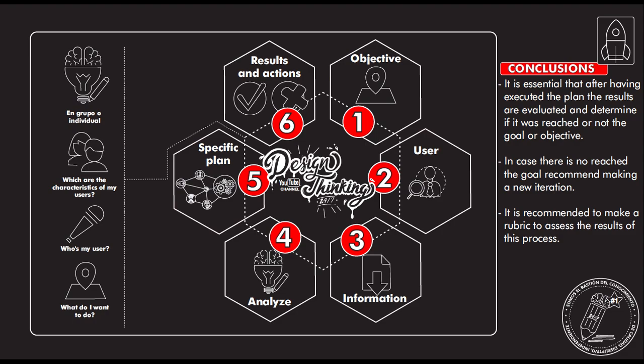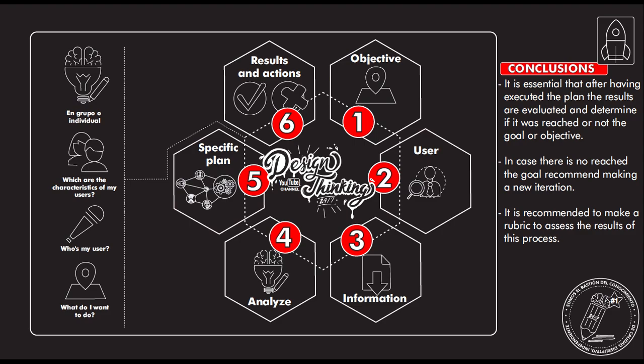As a conclusion, we can say that it's essential that after having executed the plan, the results are evaluated and it is determined if the goal and the objective were reachable. If not, you need to refine it and try to make it better. In case the goal is not reachable, I recommend making a new iteration and refining the plan so you can be focused on your specific development.